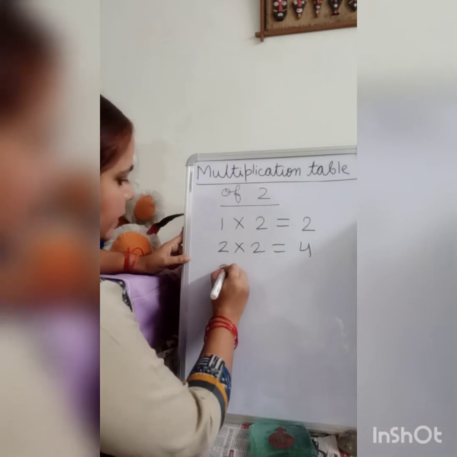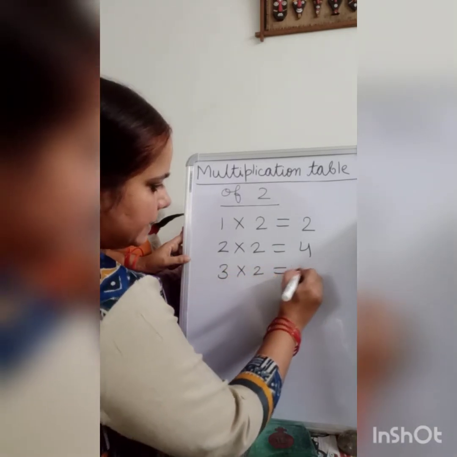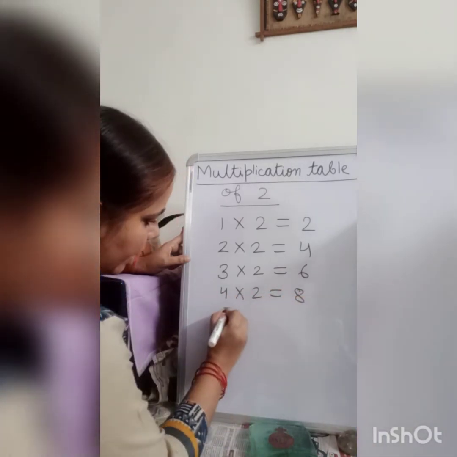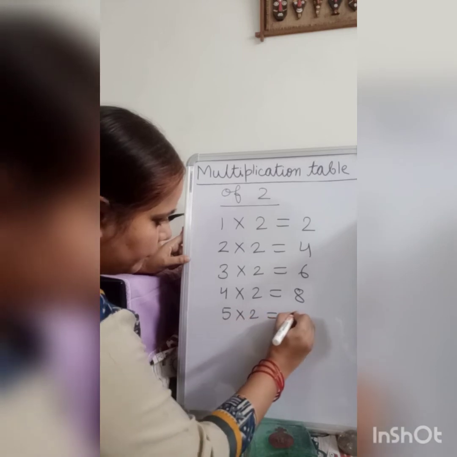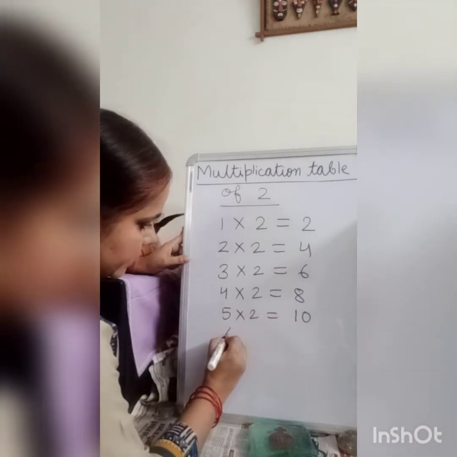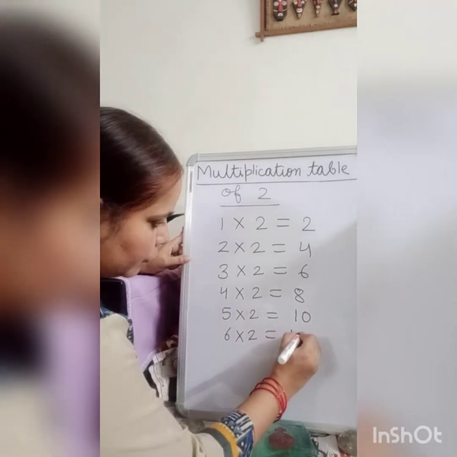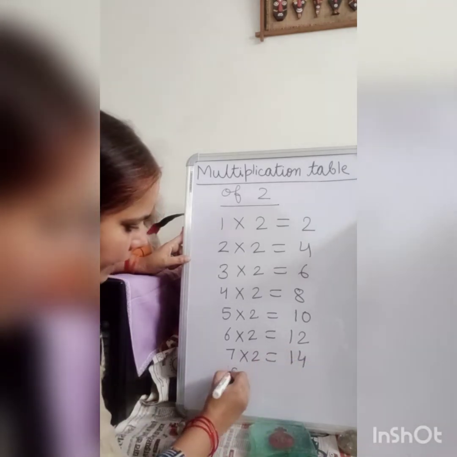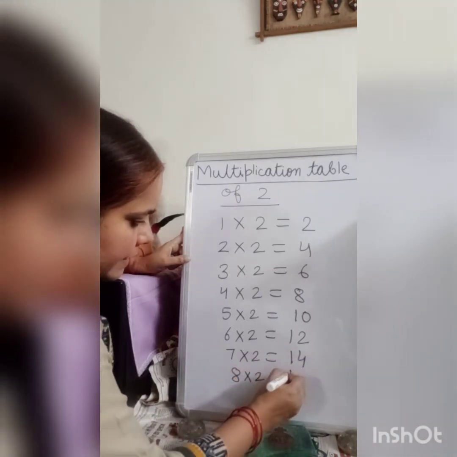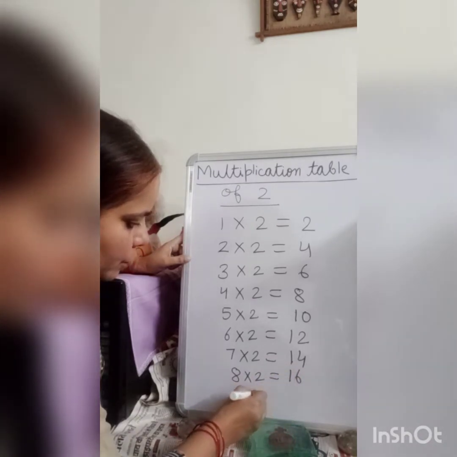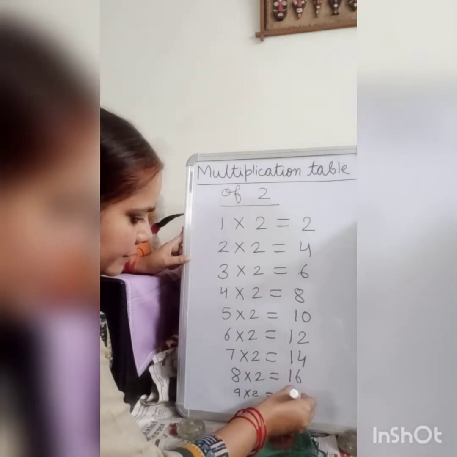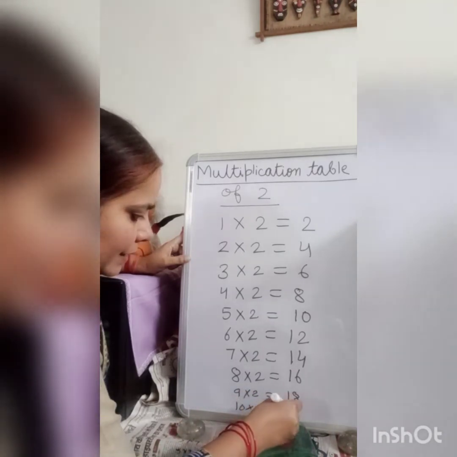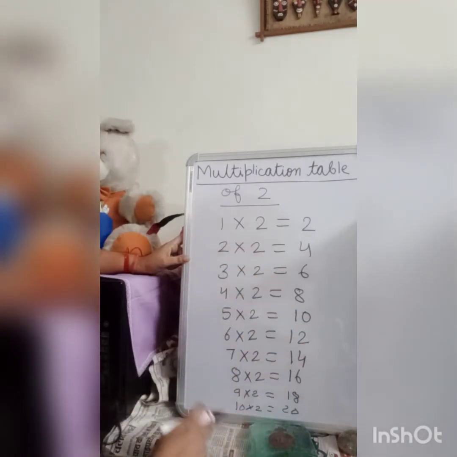Okay, and 3 times 2 is equal to 6, and 4 times 2 is equal to 8, and 5 times 2 is equal to 10, and 6 times 2 is equal to 12, and 7 times 2 is equal to 14, and 8 times 2 is equal to 16, and 9 times 2 is equal to 18, and 10 times 2 is equal to 20. Okay, can you see this?